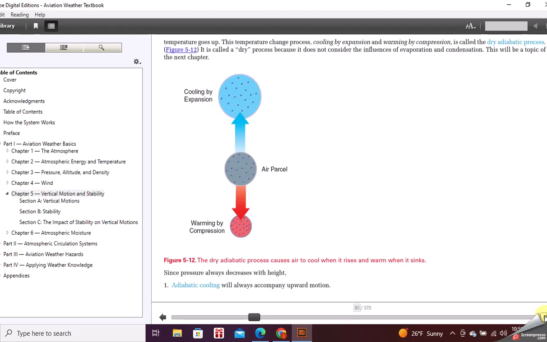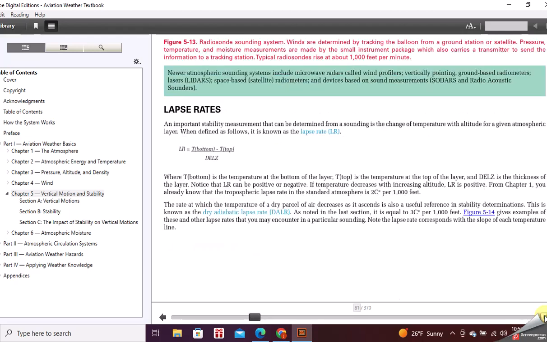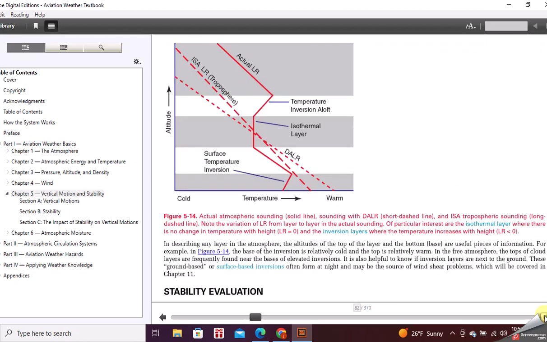Now, there's another aspect to that. What if that air parcel is now saturated? If that air parcel becomes saturated, then latent heat has been released, and that air parcel is no longer cooling at 9.8 degrees Celsius, probably cooling a little over 6.5 degrees Celsius.